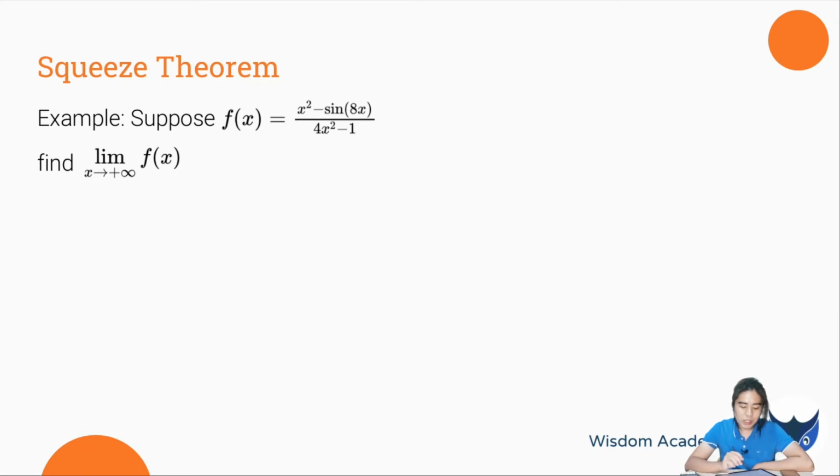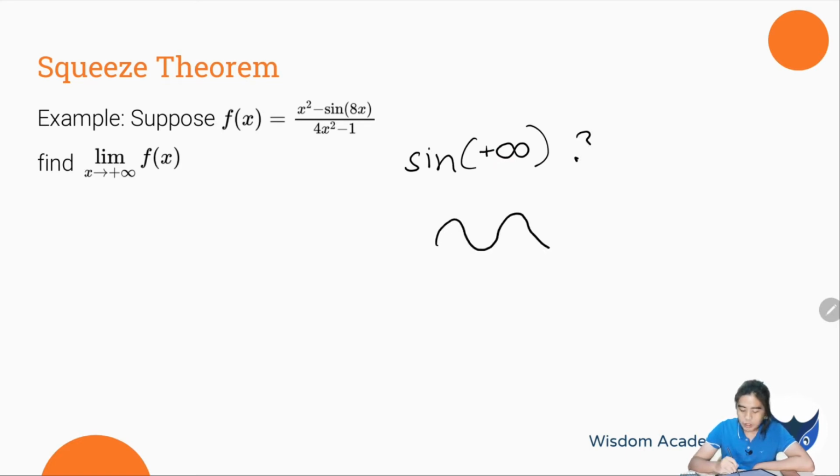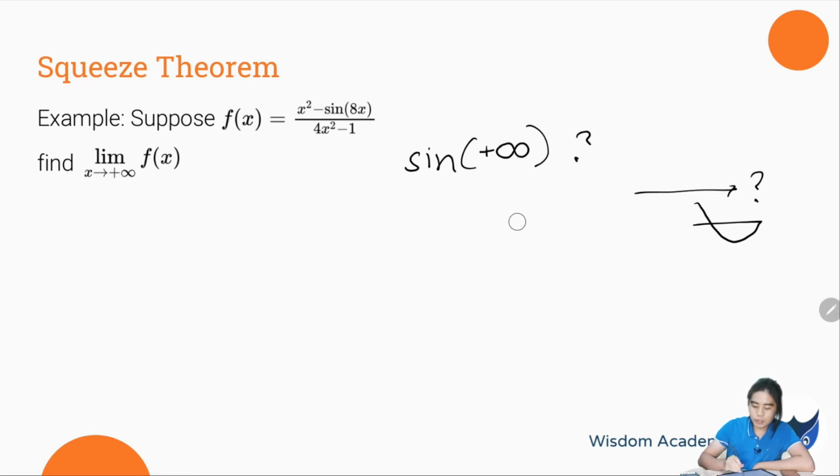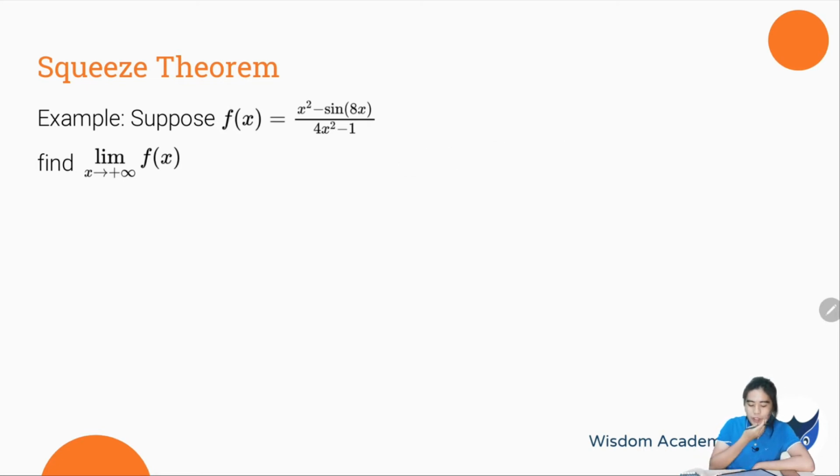Kung itatry natin yung direct substitution, hindi rin natin makukuha yung sagot dahil sine of positive infinity, hindi natin alam yung sagot dahil yung sine function, yung graph niya is periodic lang, and as the sine function approaches infinity, hindi natin alam kung saan siya nag-a-approach.